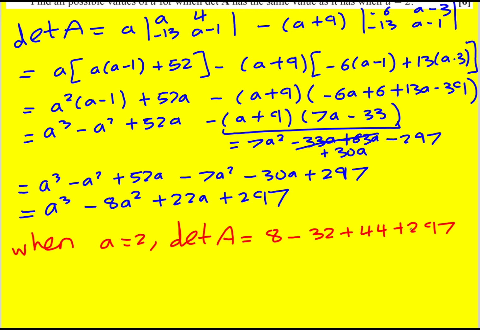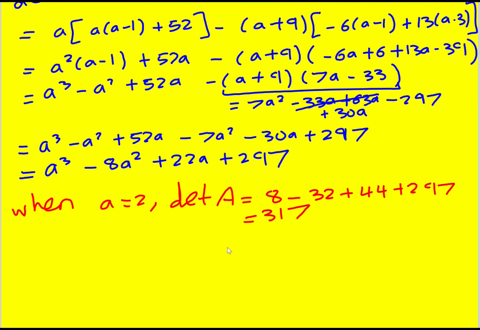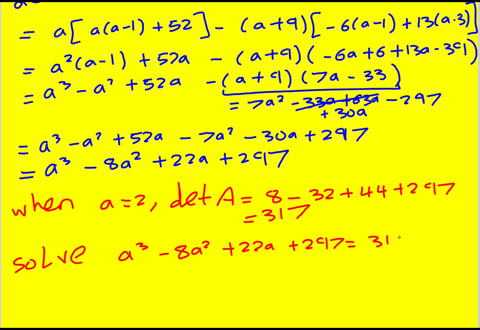That's going to become 317. So now we need to find the other values of a that would give that. Solve a cubed minus 8a squared plus 22a plus 297 equals 317 to find other values of a.